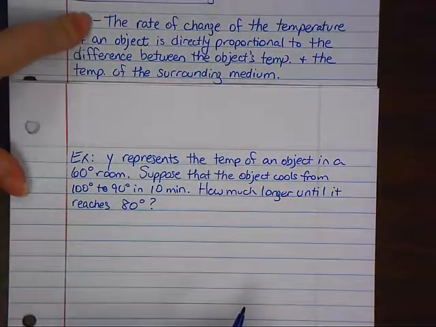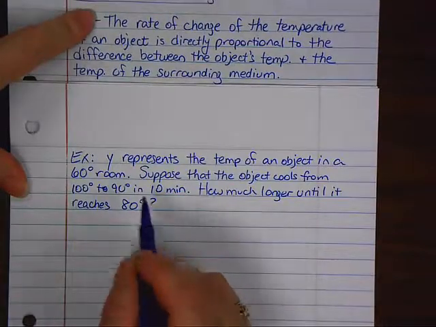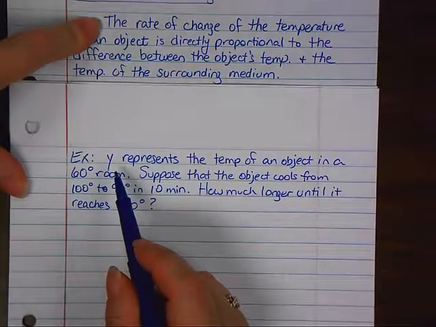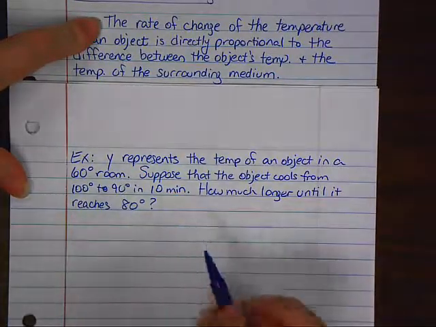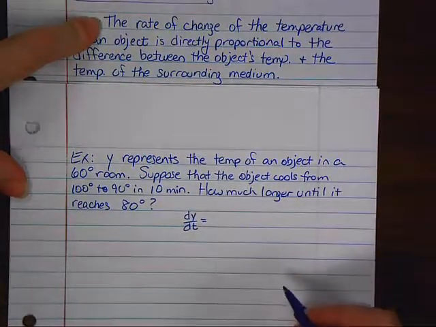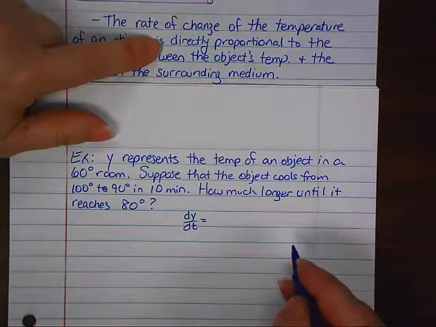Okay, we're going to use Newton's law to come up with the differential equation we need. It says the rate of change of the temperature of an object, and that's supposed to be y. So how do we write the rate of change of y? dy/dt equals. It says directly proportional, so is that k times or k divided by?